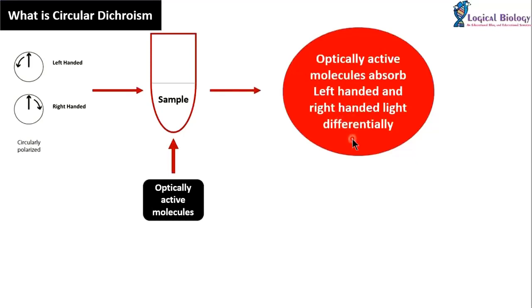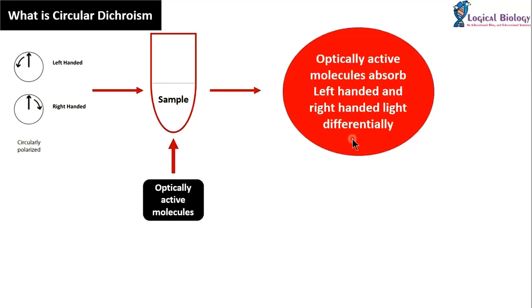It means the absorption of left-handed and right-handed light by an optically active compound is not identical. Sometimes some compounds absorb more left-handed light and less right-handed light, or vice versa. The opposite condition also occurs, where some compounds absorb right-handed light more than left-handed light.